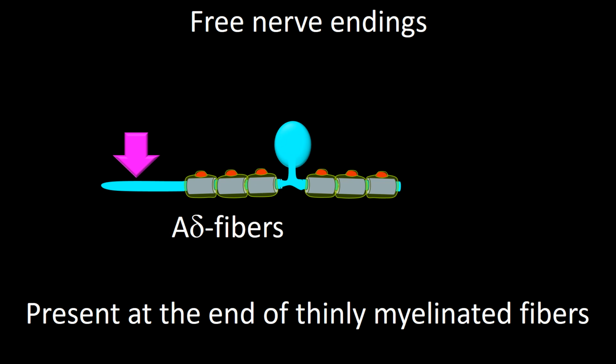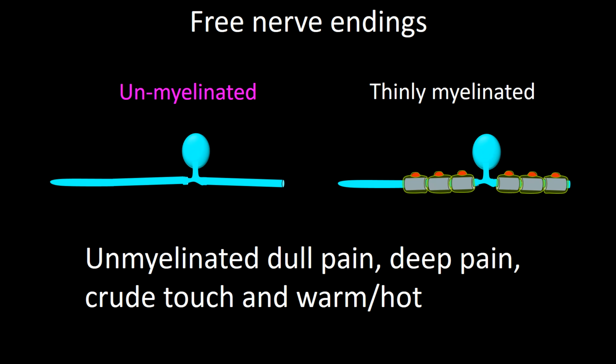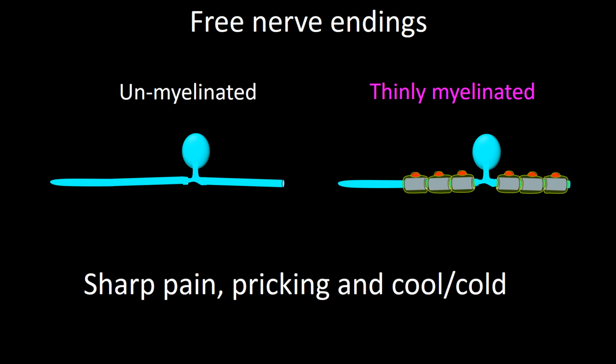These fibers are called alpha delta fibers. Free nerve endings adaptation is slow. Unmyelinated axons carry dull pain, deep pain, crude touch, and warm and hot. Myelinated axons carry sharp pain, pricking, and cool and cold.